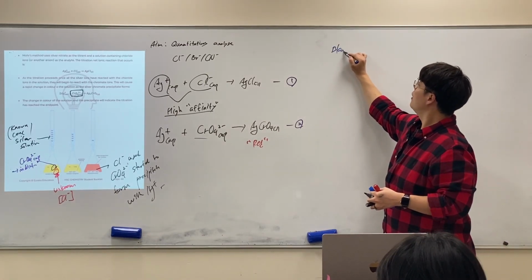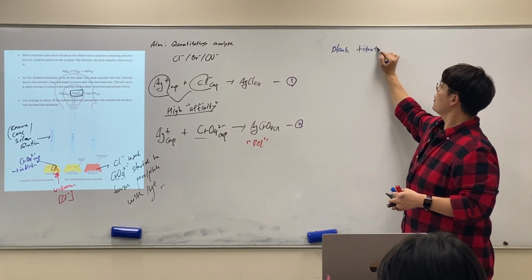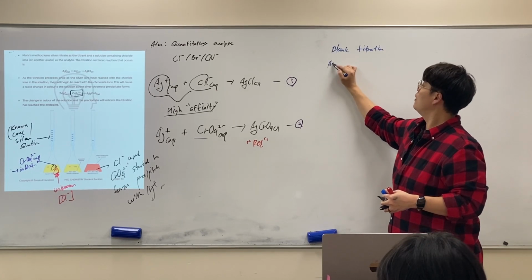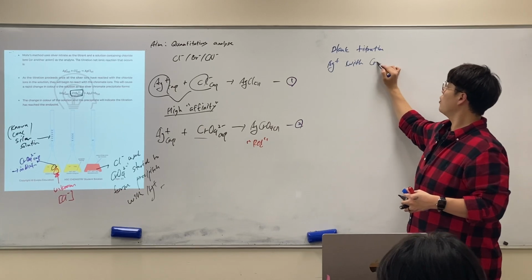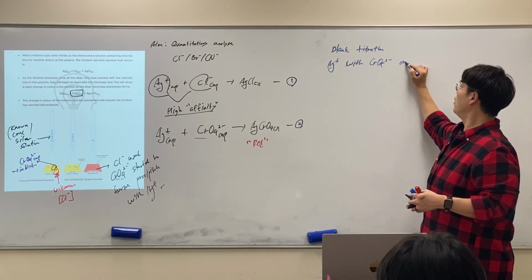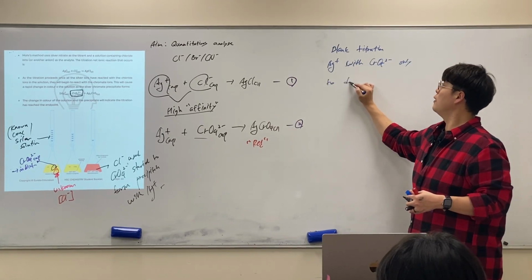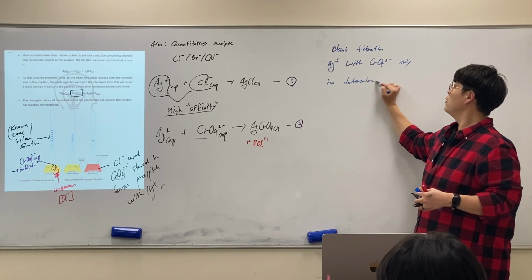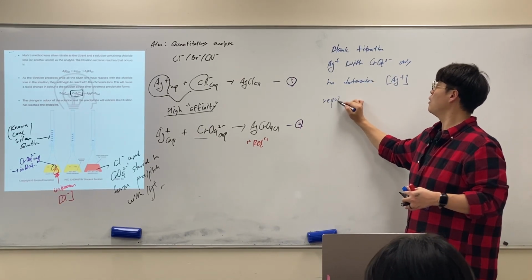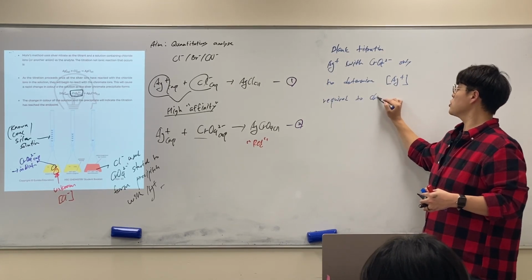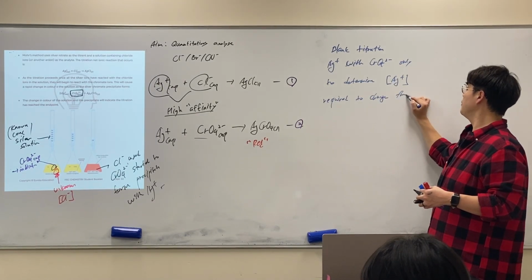Blank titration is known as just silver with chromate only, to determine the concentration or amount of silver required to change the color.